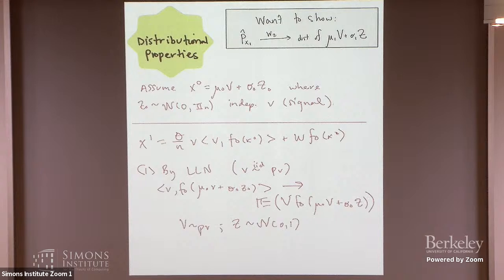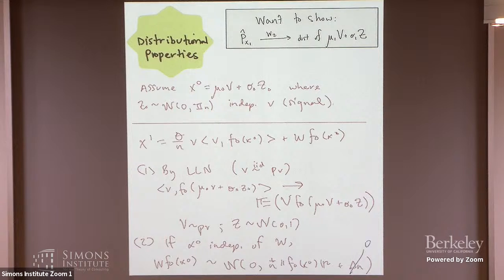And then again, if x0 is independent of W, then w f0(x0) is like normal(0, 1/n) times the norm of f0(x0) squared, plus a delta term.